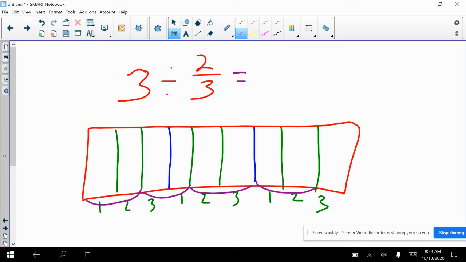Go ahead, just yell it out. 4. Okay, here's where you got to ask yourself, how did we group them? By what? We grouped them by 2s. That is correct. That's your denominator. How many do we have left? That's your numerator. 3 divided by 2/3 is equal to 4 1/2.